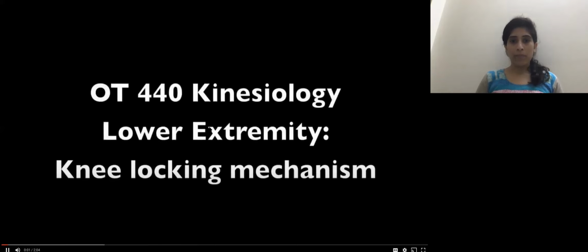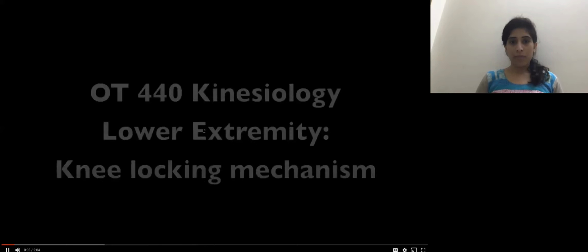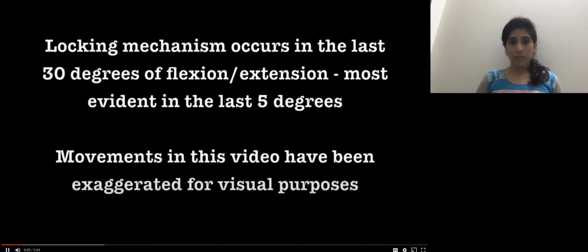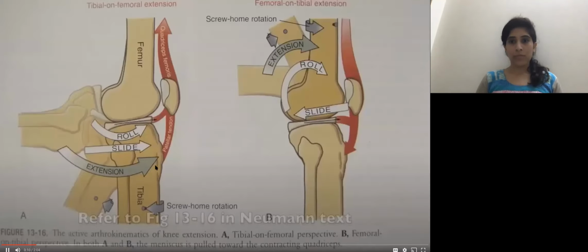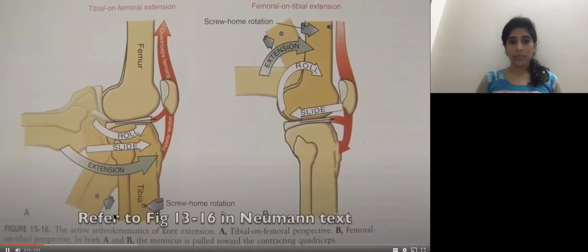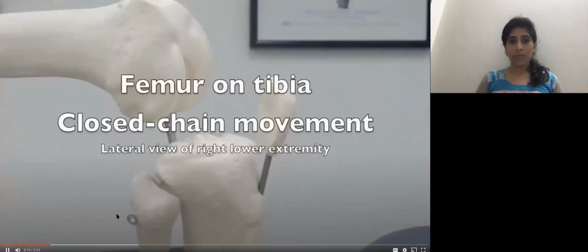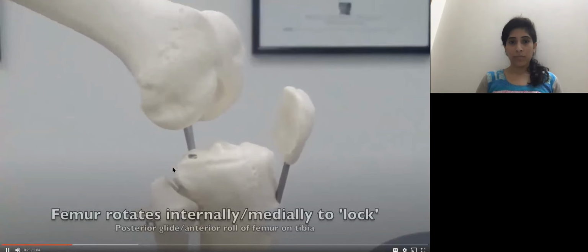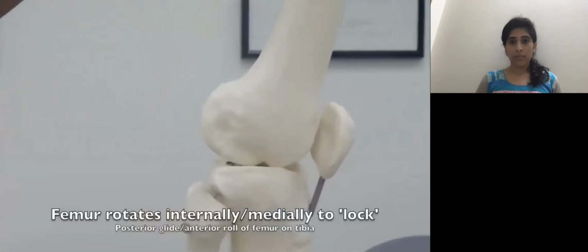Lower extremity, knee locking mechanism. Locking mechanism occurs in the last 30 degrees of flexion extension, most evident in the last 5 degrees. Femur on tibia, closed chain movement, lateral view. Femur rotates internally, medially to lock.